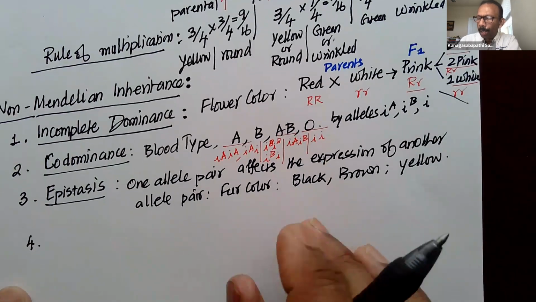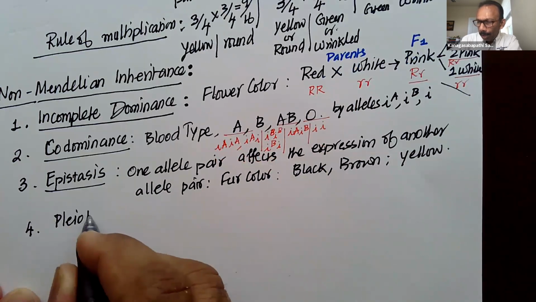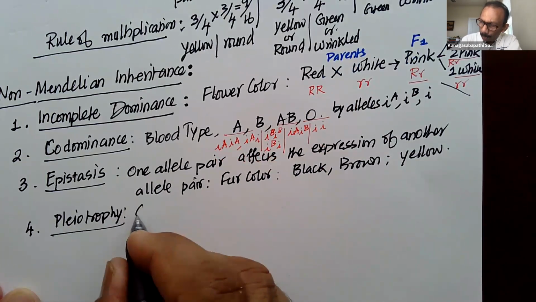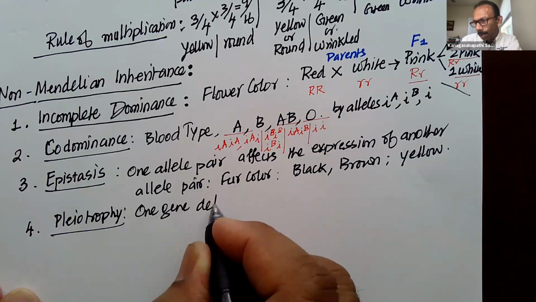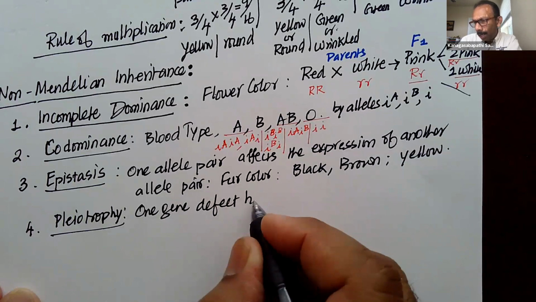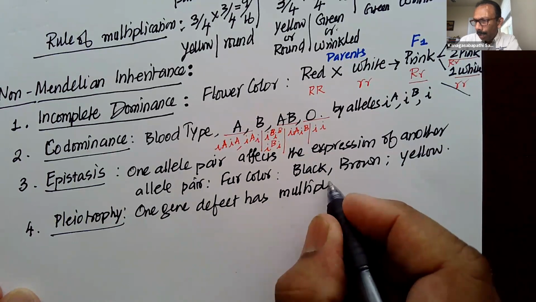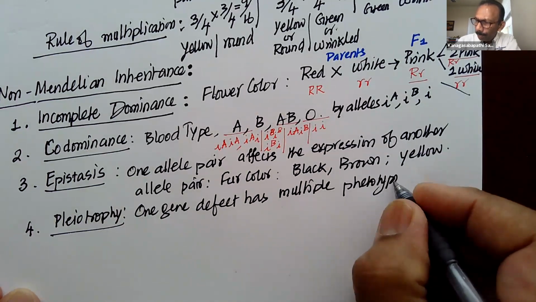Then the next one is called pleiotropy, where one gene defect has multiple phenotypic effects.